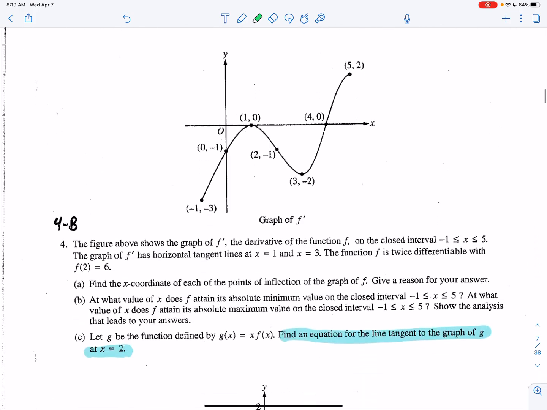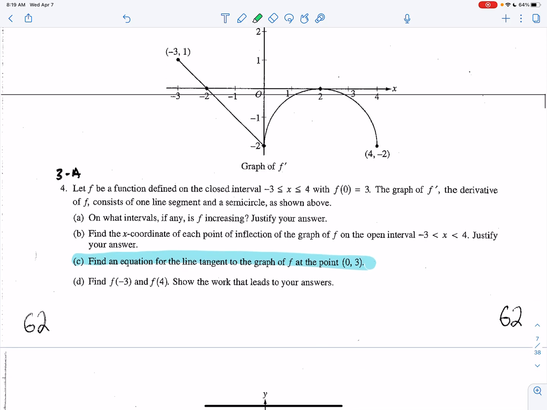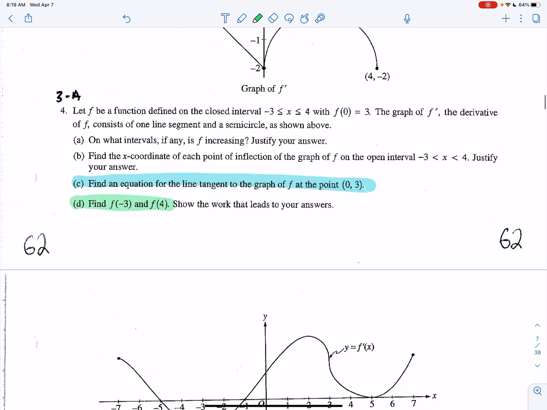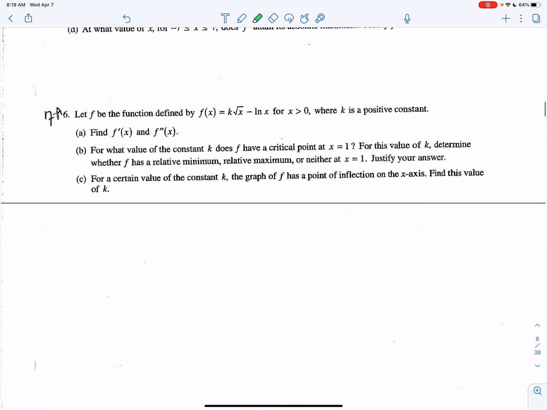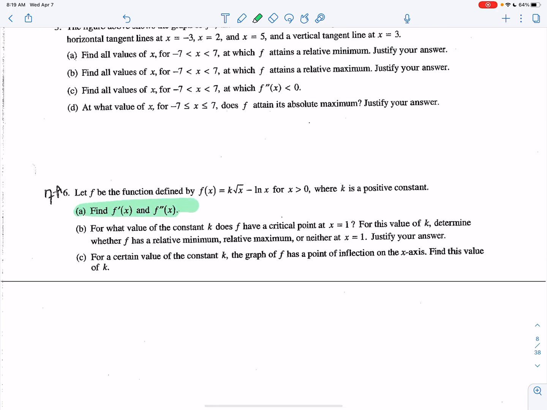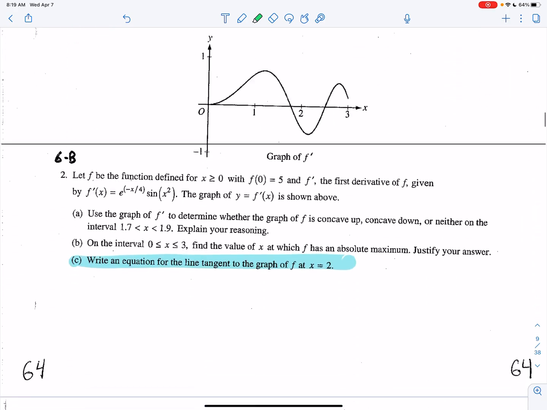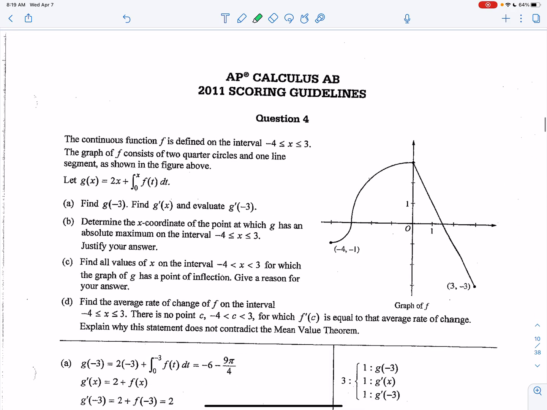I don't think I see it there either. 2004 Part B. 2003 right here in Part D. Find f of -3 and f of 4. 2000, I don't see any. 2007, they ask you to find the first and the second derivative. Want to say that's, yeah, that's it.